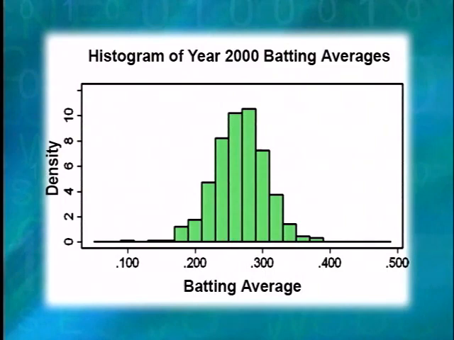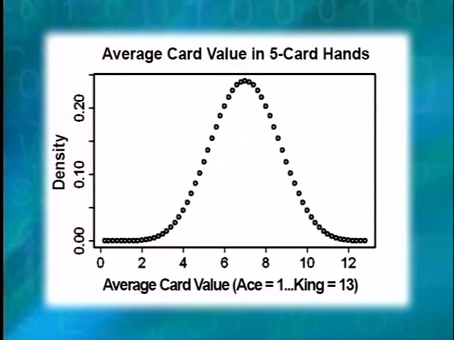Here's an example that will take a little bit of explanation. Suppose that you have a deck of cards and you take 5 cards from this deck. So it's like a poker hand, except I'm not going to be talking about the way poker hands are evaluated. Instead, let's just evaluate the cards 1, 2, 3, 4, 5, 6, up to 13, where the jack is 11, the queen is 12, and the king is 13.